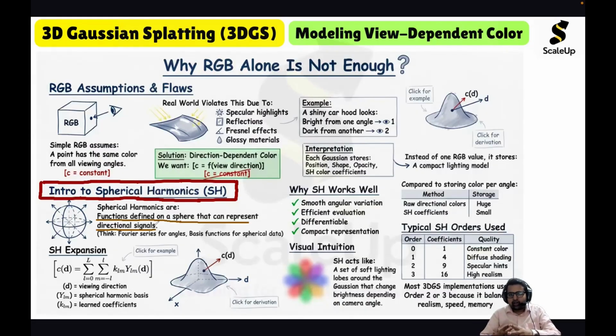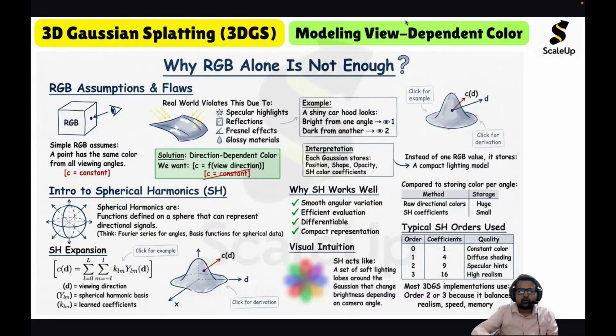It contains all the directional signals, considers all the possible angles, and we will make use of it to define the color of a 3D Gaussian.